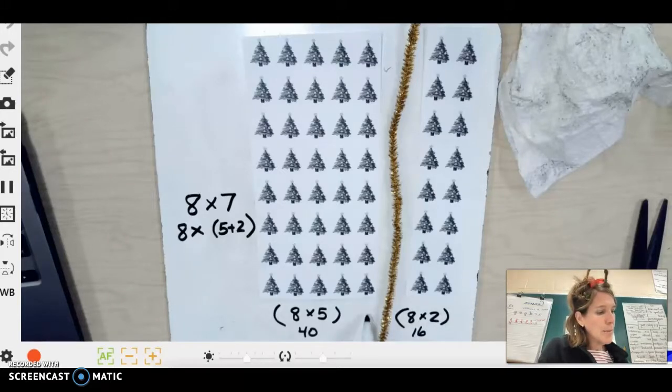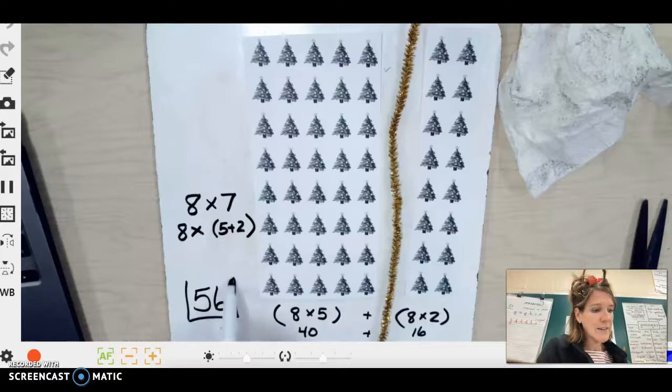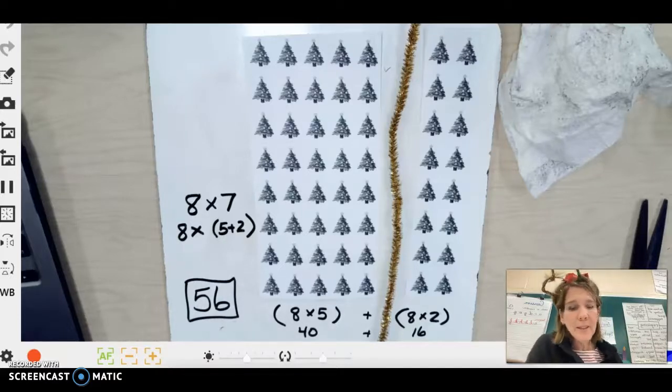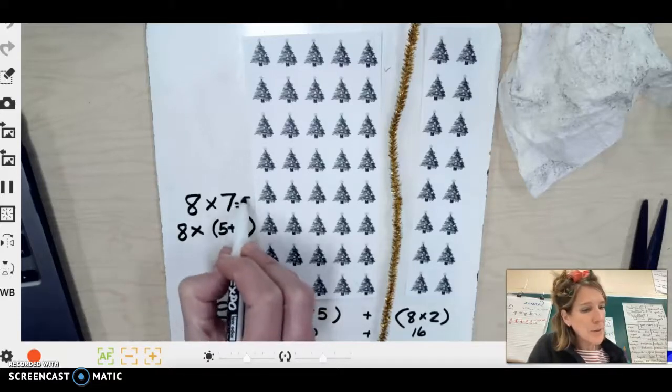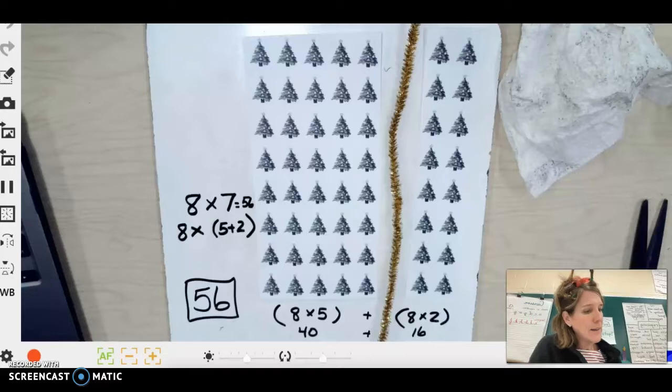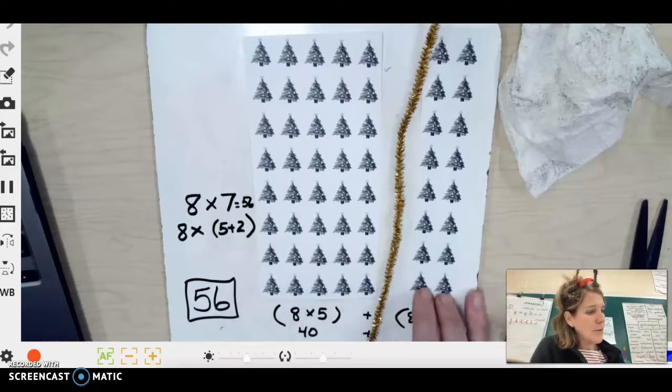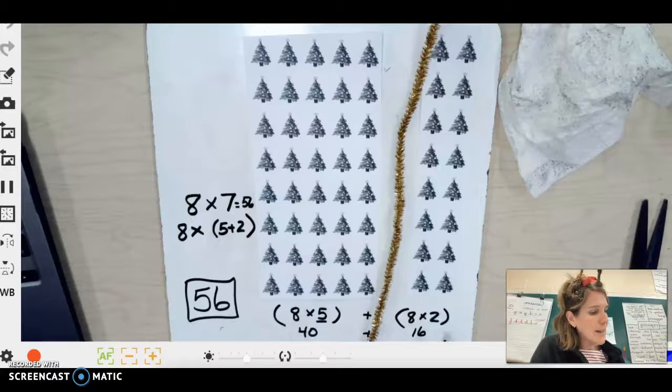So 40 plus 16, we do that in our heads, is 56. Sorry, I ran out of space on my whiteboard. 56. So 8 times 7 is equal to 56. 8 times 5 plus 8 times 2, I broke my 7 into 2 pieces.